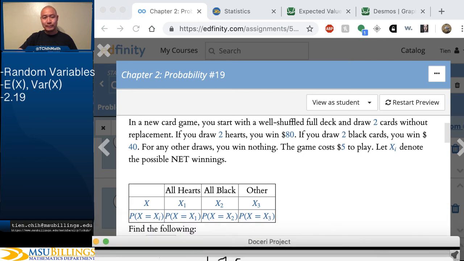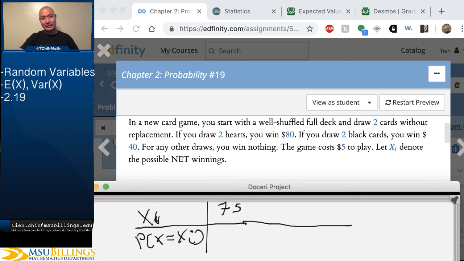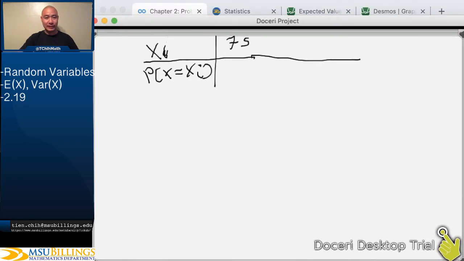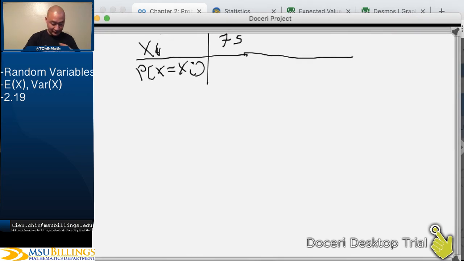All right. If I draw two black cards, I win $40. So I give them 5, they give me back 40, right? And that means I walk away with $35 more than when I walked in. So the second possible outcome here ought to be 35.